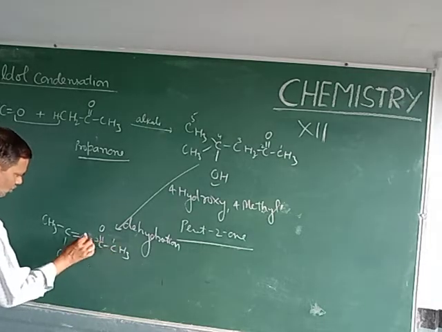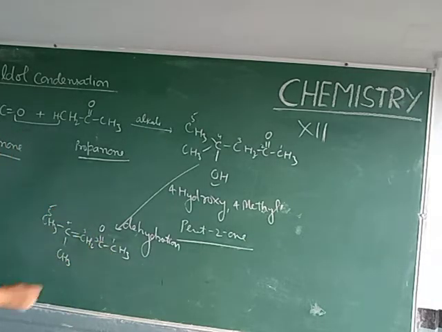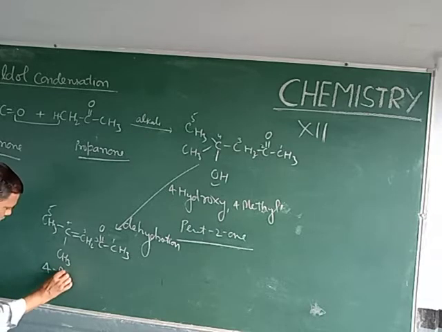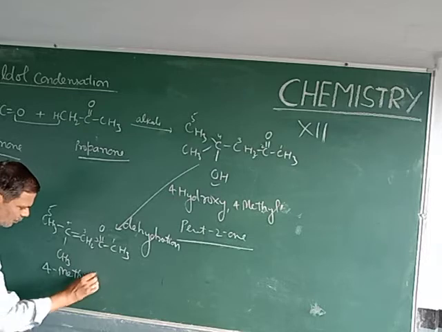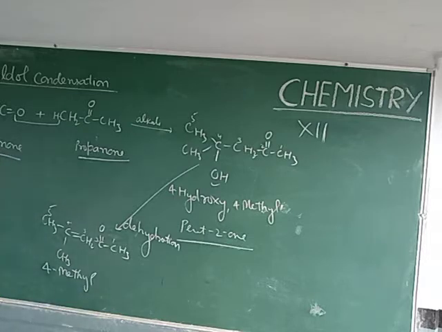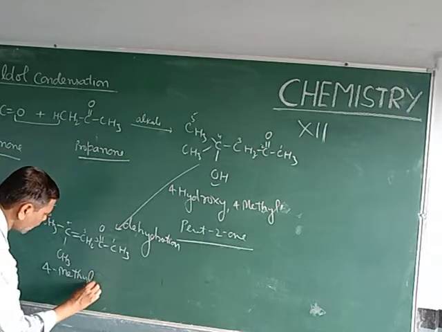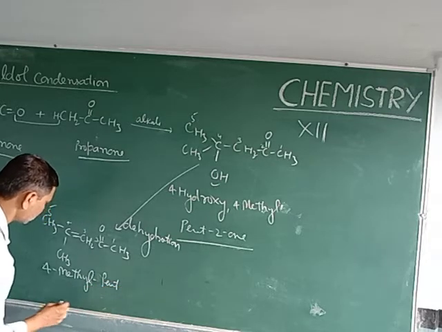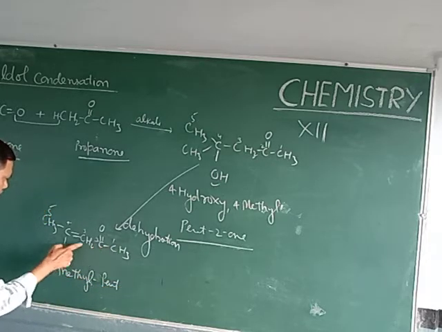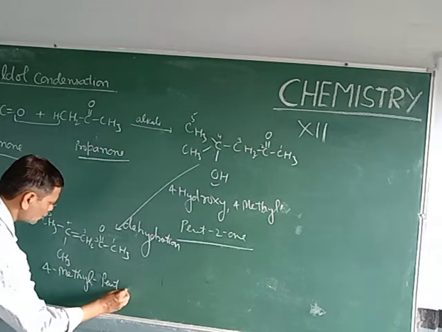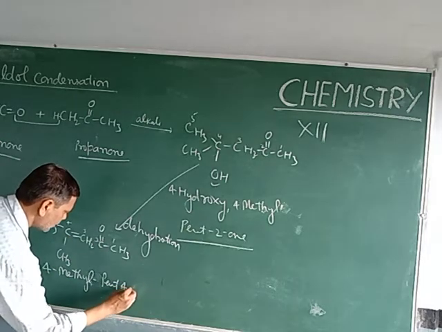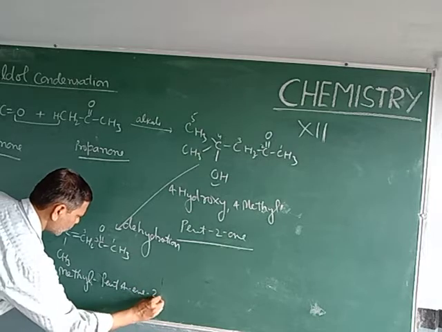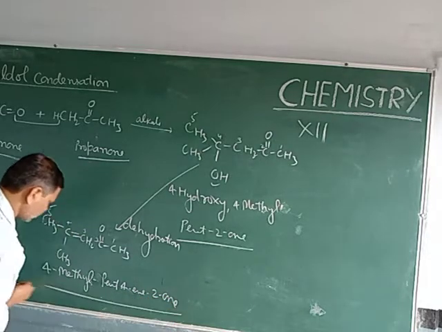Numbering 1, 2, 3, 4, 5: this is 4-methylpent-3-en-2-one.